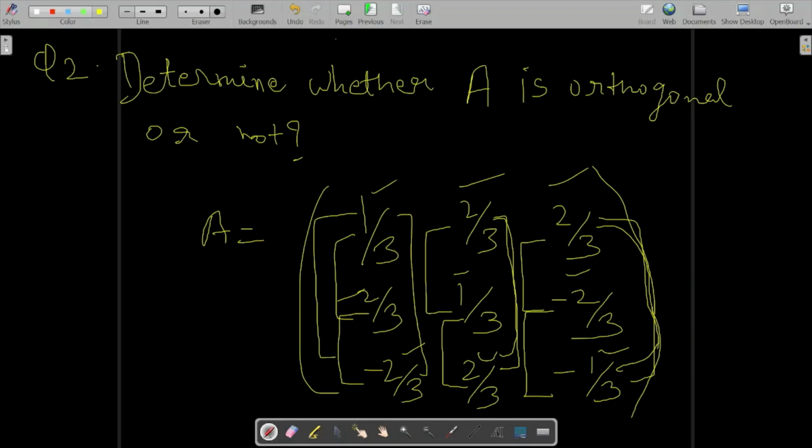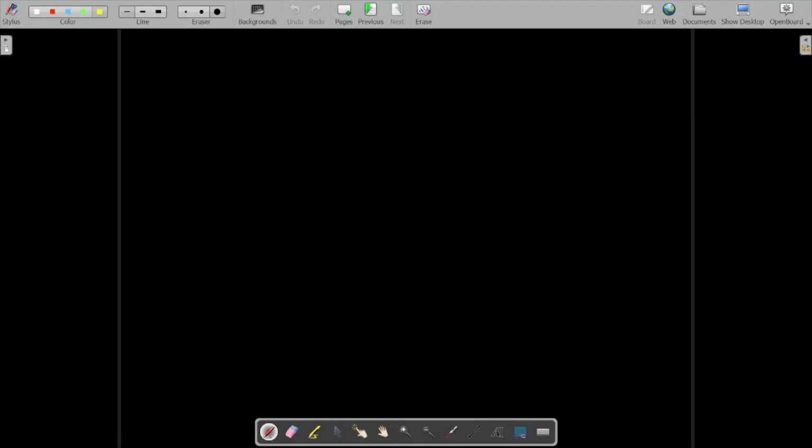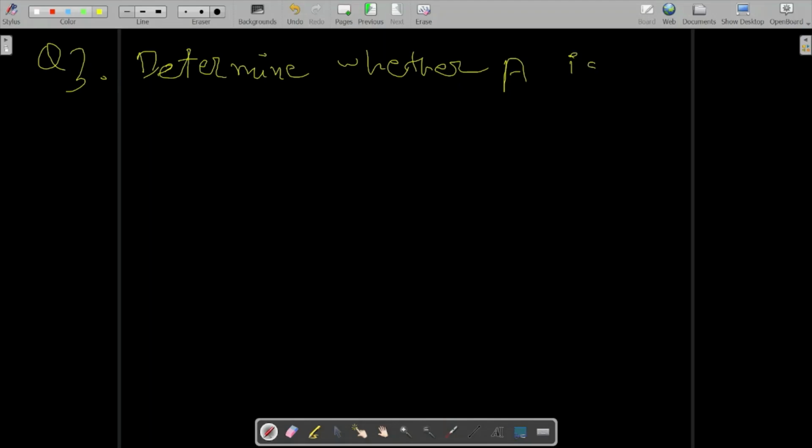Now let us do one more example of that kind. Now a little bit different example. Determine whether A is orthogonal or not.